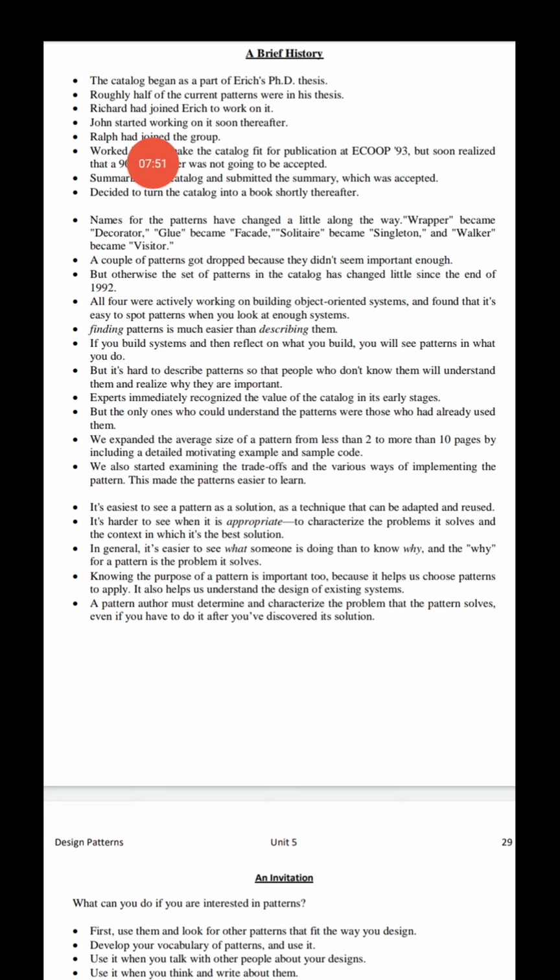So finally, in this brief history of design patterns, the authors must characterize the problem and discover the particular solution, and the pattern must be solved. This is the brief history of design patterns. Thank you.